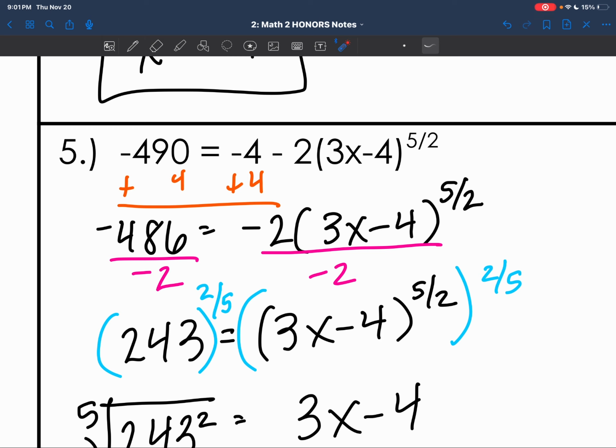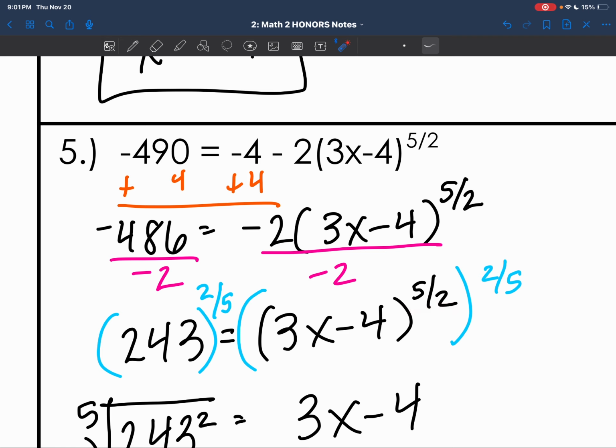And then I'm going to get negative 486 divided by 2 times (3x minus 4) to the 5/2 power. So now I need to move this over, and I'm going to do that by dividing both sides by negative 2. Then I've got 243, and that cancels, and I'm left with (3x minus 4) to the 5/2 power.